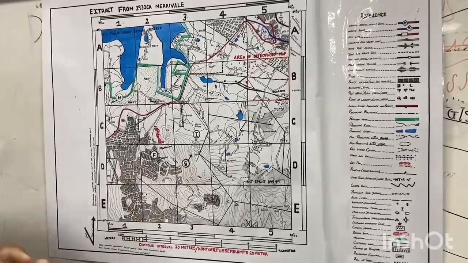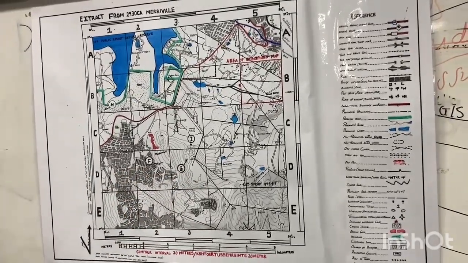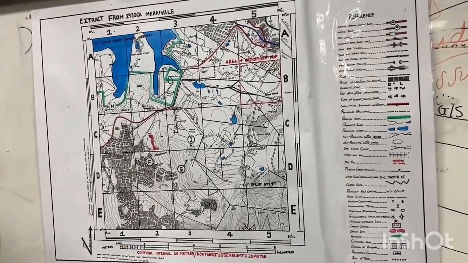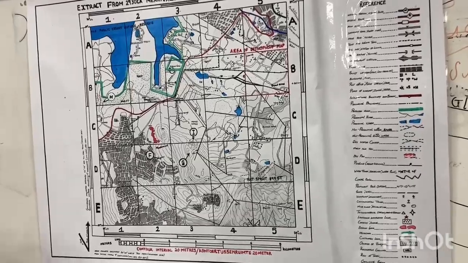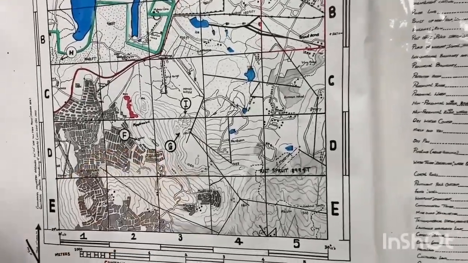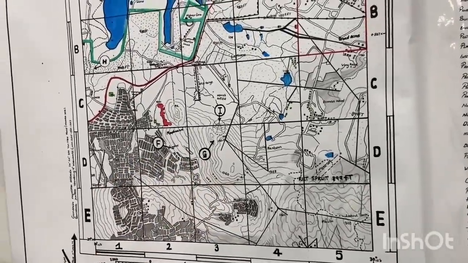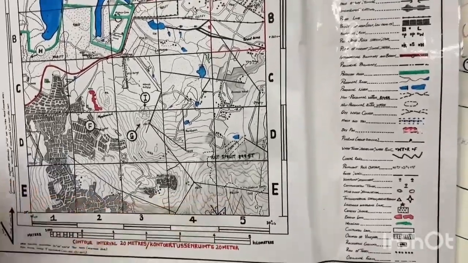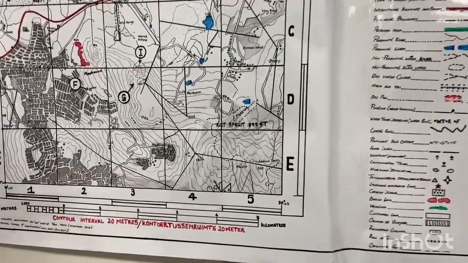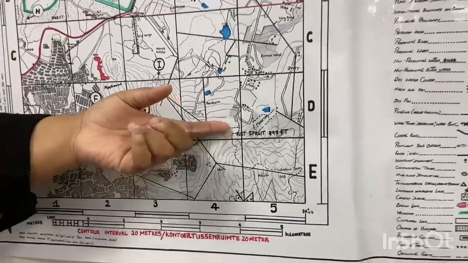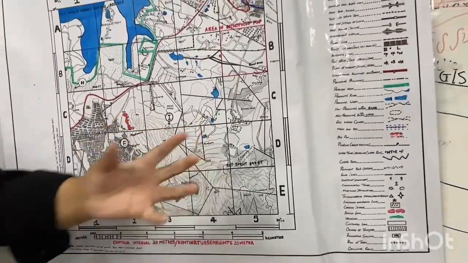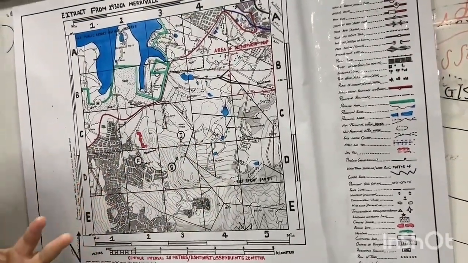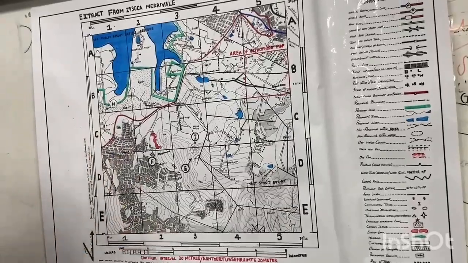As they are further apart, it means there is a gentle slope. Yes, there is a gentle slope. And then by looking at E5, as you can see, the contour lines are close together. When the contour lines are close together, they are exactly steep.